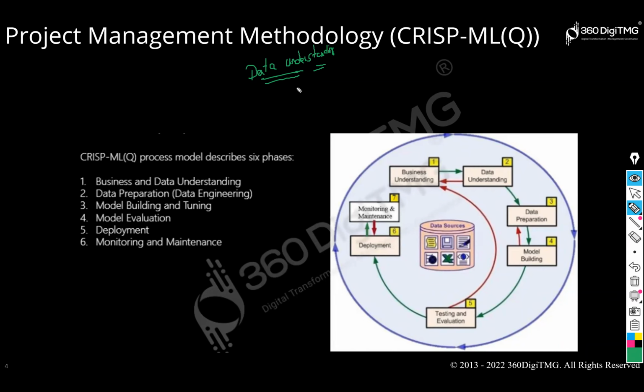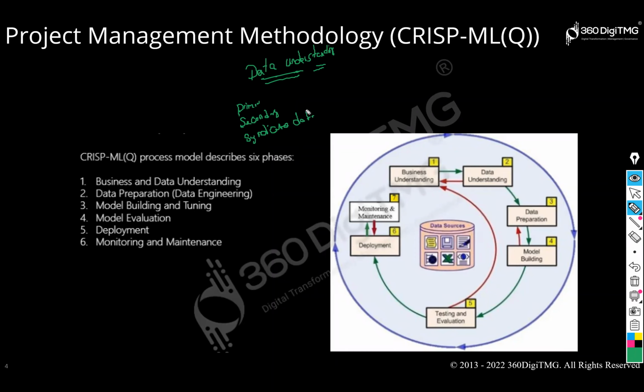There are two sources of data, primary and secondary. I will discuss that. Okay. And we have one more data, that is syndicate data.